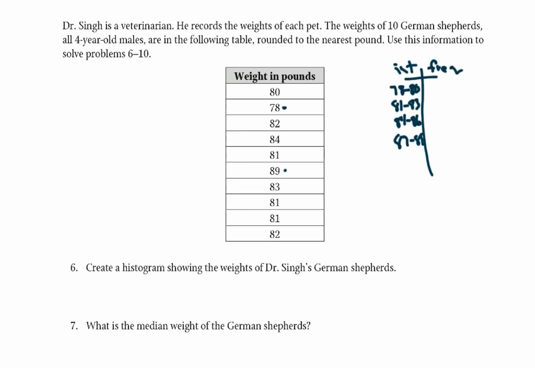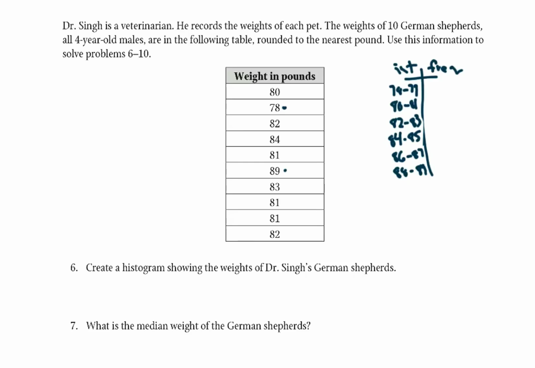And maybe we should make a few more intervals. Okay, so let's go 78 to 79, 80 to 81, 82 to 83, 84 to 85, 86 to 87, and 88 to 89.